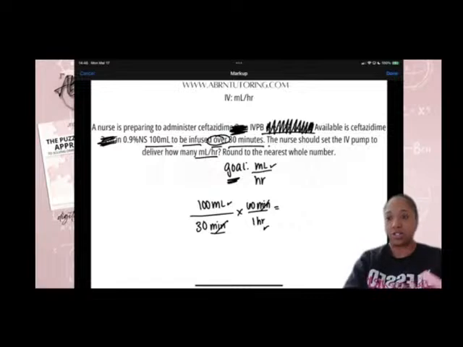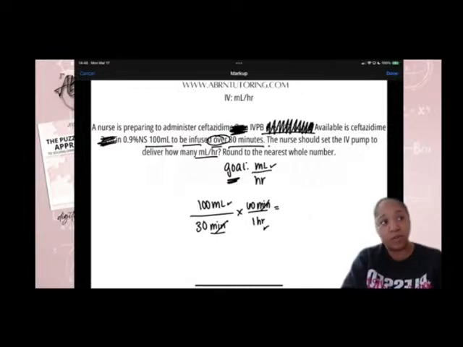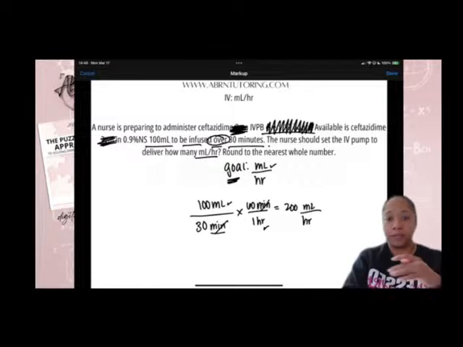Okay. So once your puzzle is complete, you multiply across the top, multiply across the bottom, and divide the top by the bottom. So let's do 100 times 60 divided by 30. 200 milliliters per hour. That's your answer.